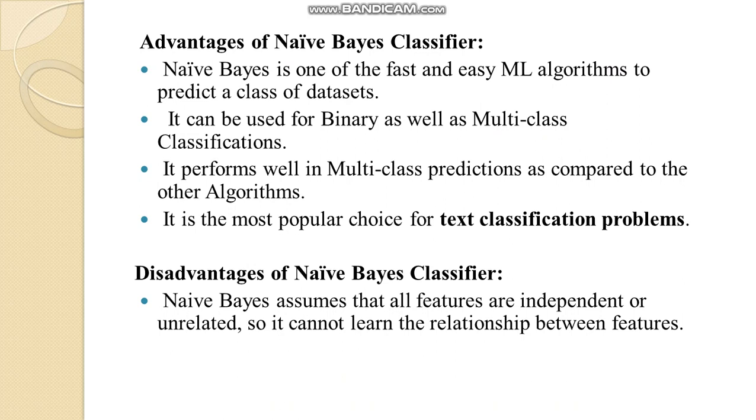It is the most popular choice for text classification problems. Disadvantage of Naive Bayes classifier. Naive Bayes assumes that all features are independent or unrelated, so it cannot learn the relationship between features.